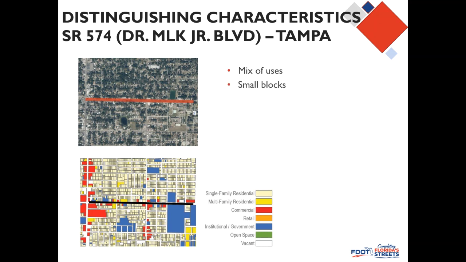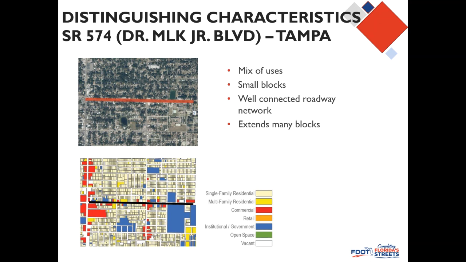We can see from both maps that we have a small block structure. You can see that the network is very fine. There are a lot of small blocks here. We can see that the roadway network is very well connected. If you look at the land use map below or the Google map above, you see that there's a lot of roadways. They all connect with each other. Lots of alternative routing there.